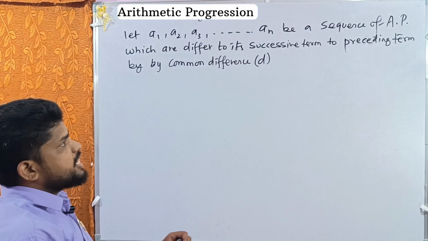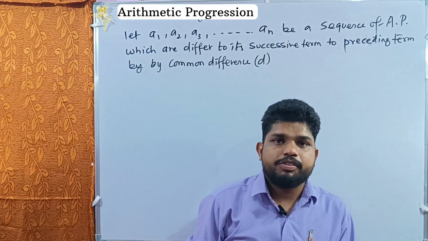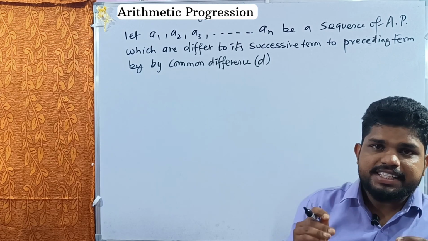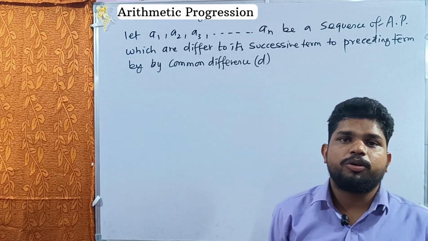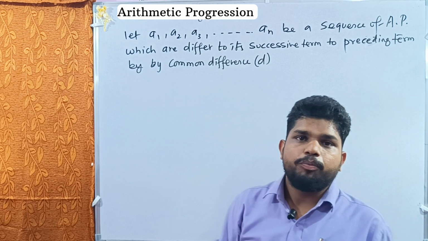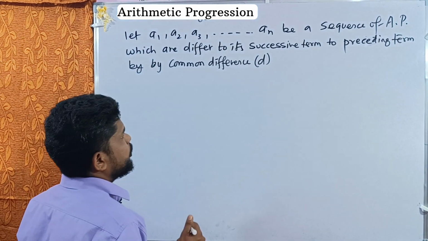As we know, for any arithmetic progression, the successive term differs from its preceding term by some fixed number which is known as the common difference.